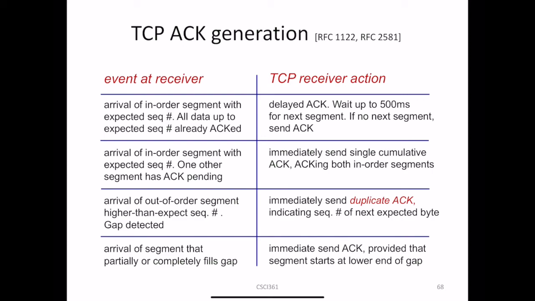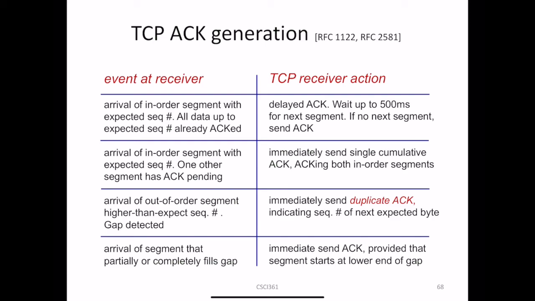For this event and action pair, I'm going to use an example to explain it further. However, here I prefer to use a segment number as the sequence number instead of the first byte of the segment, because the segment number is easier for us to understand.